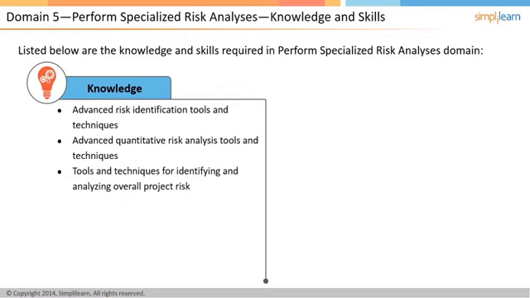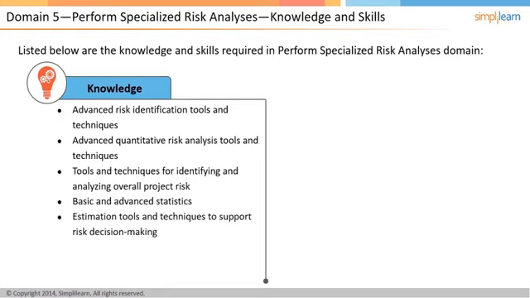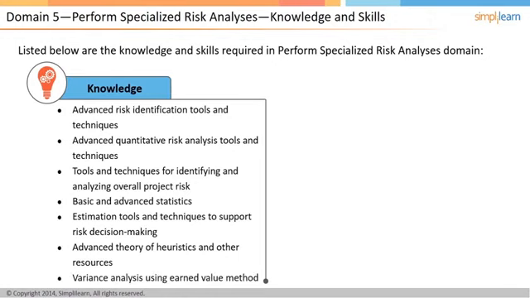Other knowledge requirements are basic and advanced statistics, estimation tools and techniques to support risk decision-making like cost-benefit analysis, advanced theory of heuristics, and other sources of cognitive bias. And finally, variance analysis using the earned value method.